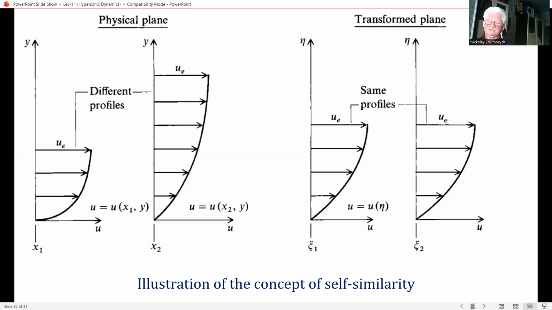That is, the same velocity profiles exist at different values of xi, say xi1, xi2, and so on. Thus, in the transformed plane, the velocity profile is given by u as a function of eta, independent of xi.